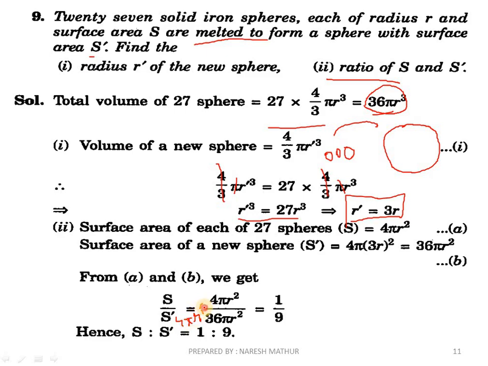What is the value of r dash here? It is 3r, so it will be the square of 3r, that would be 9r square. So we can cut that pi with this pi, r square will be cancelled out with this r square, and 4 by 36 would be 1 by 9. So the required ratio is 1:9.